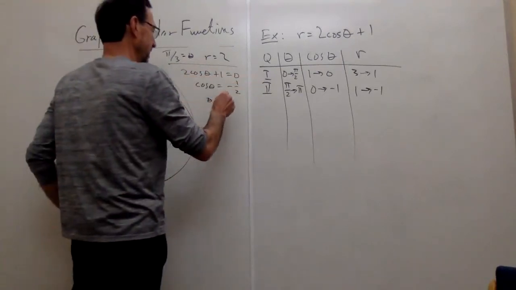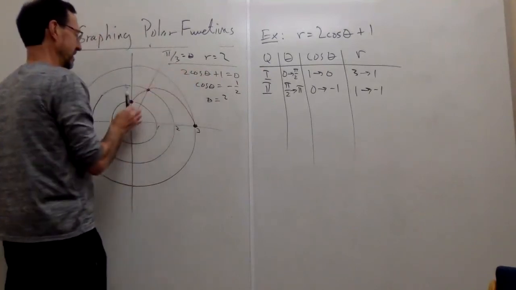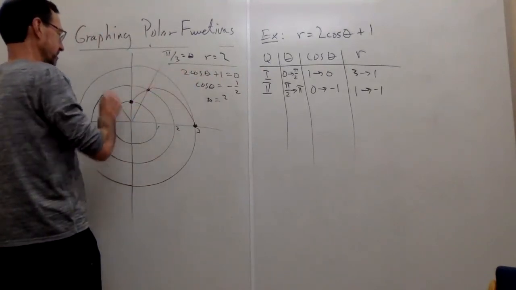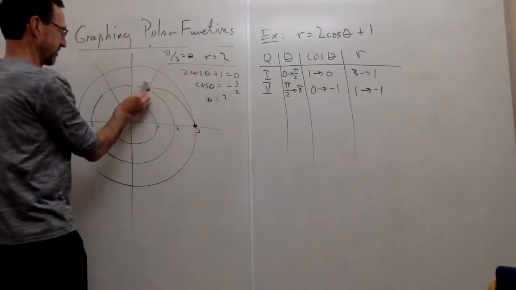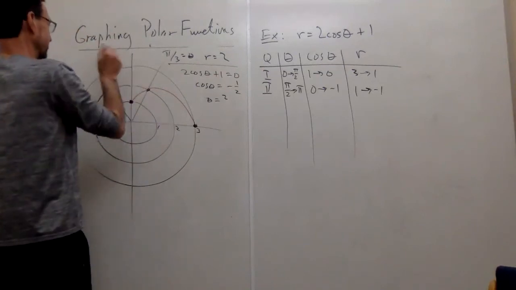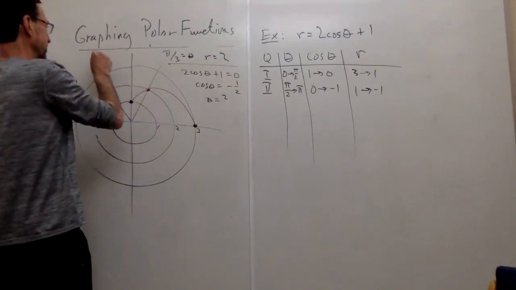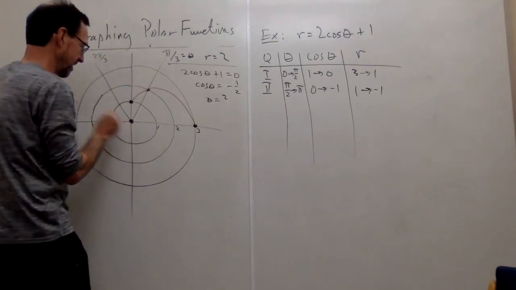And it's going to be 2 pi over 3. It's equal to 1/2 at pi over 3. And so we'll take that same angle in quadrant 2, pi over 3 here, pi over 3 there. So this is 2 pi over 3. And it passes through the pole.